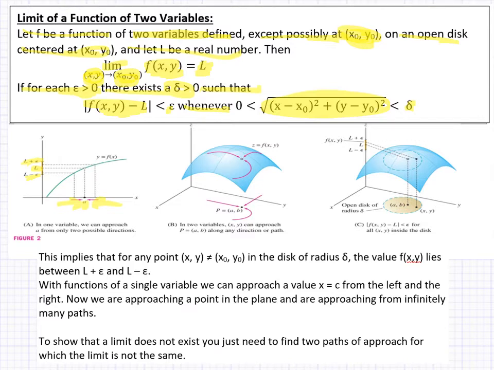Delta was always the distance here, so this was your delta. This distance here was your epsilon, and the idea is when delta gets small, epsilon has to also get small, thus approaching this particular point. So the y value gets closer this way, the y value gets closer this way, and you approach this single y value here.